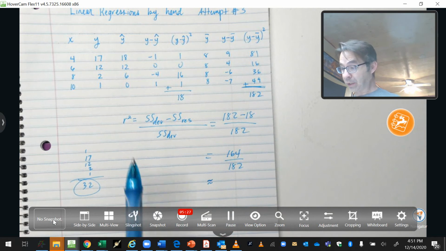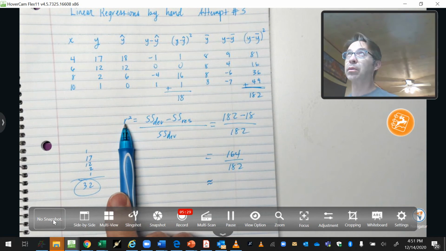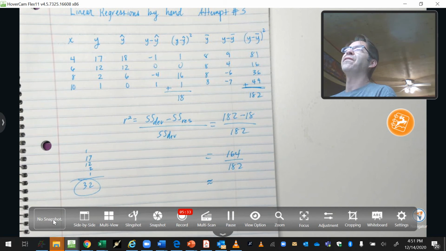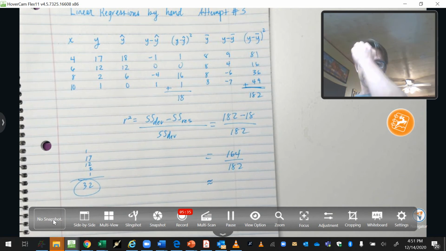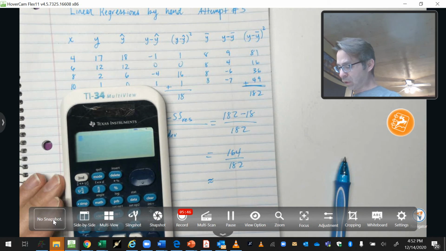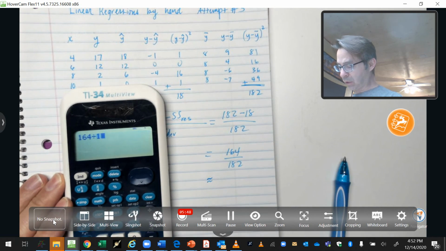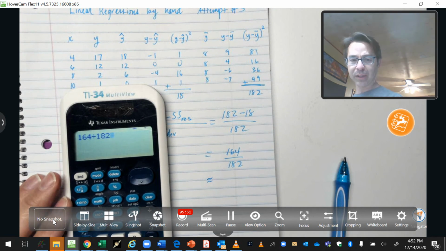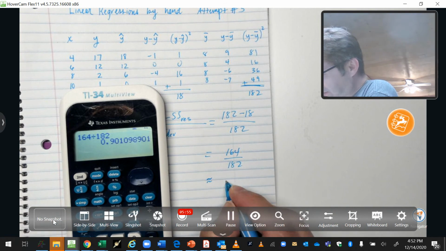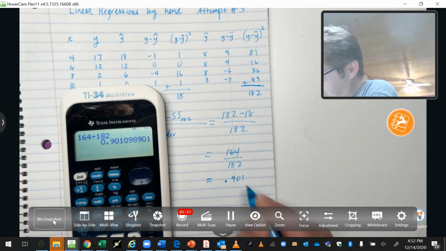So by the way, r squared, the actual technical term for that number that we're about to get, is called the coefficient of determination. Yes, you have to know these terms, but hopefully you wrote them all down a couple weeks ago when we first did this lesson. 164 divided by 182 is probably at least 0.9. Dang. How did I guess so correctly? Bam.